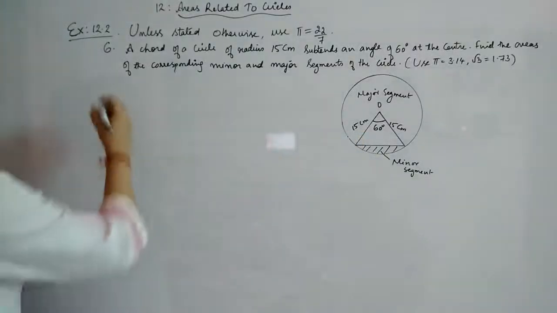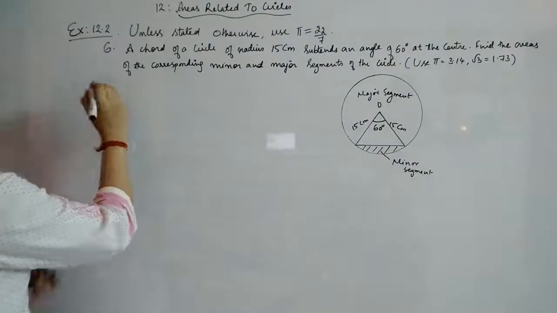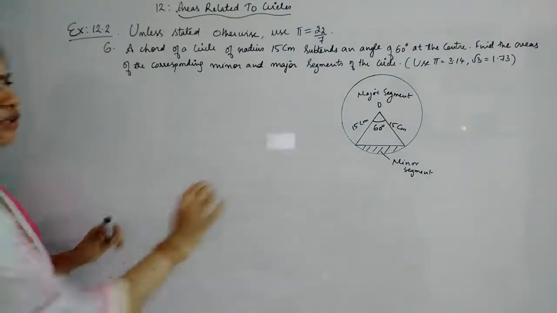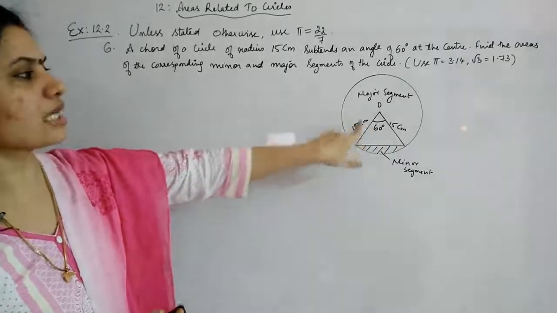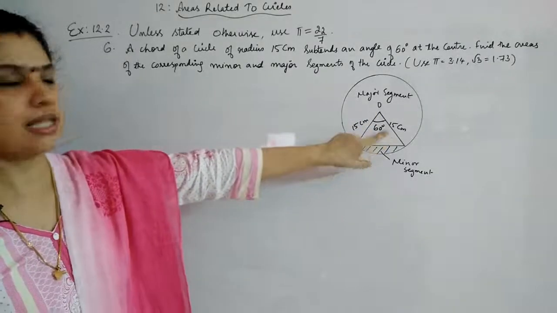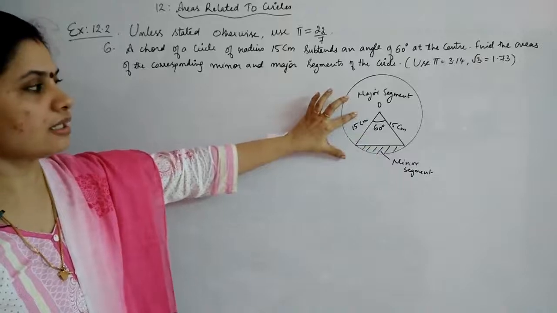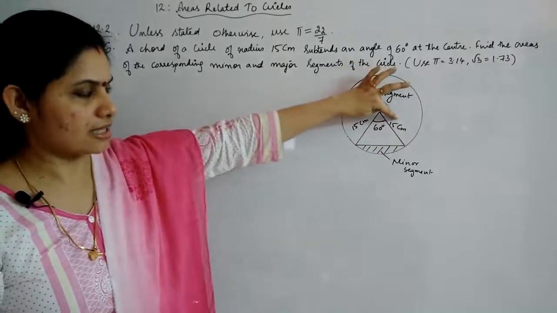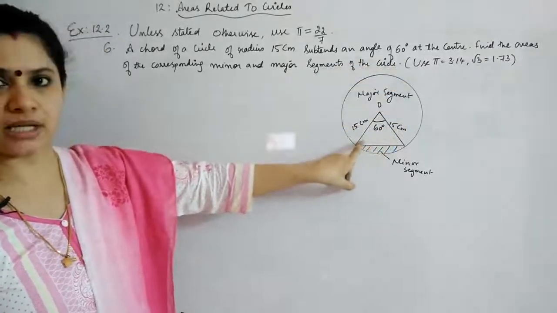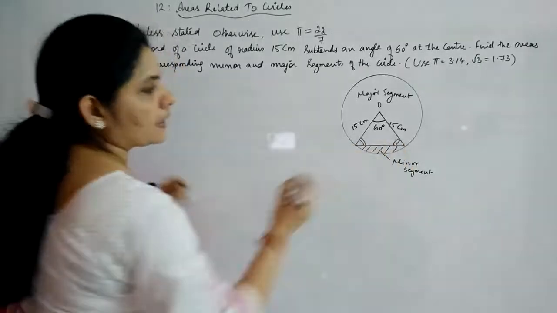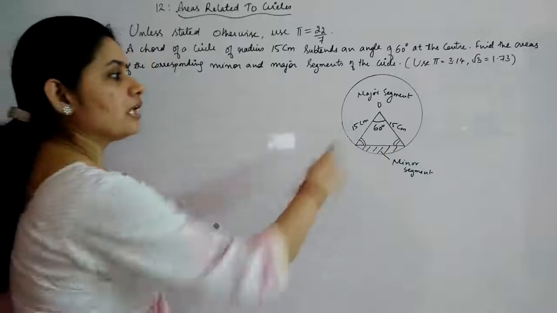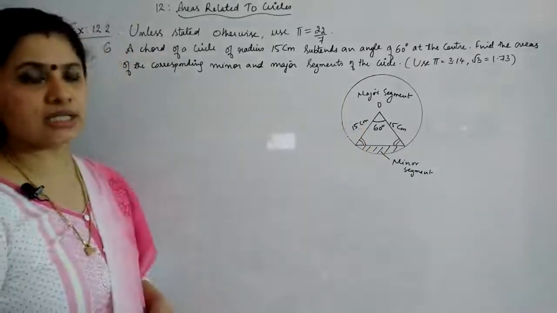So first I want to tell you what will be the area of the triangle. Now see the triangle, it has two sides equal, that means 15 and 15. That means it becomes an isosceles triangle, and since these two sides are equal, the corresponding opposite angles will be equal. Now in a triangle, you know that the sum of the angles is 180 degree.